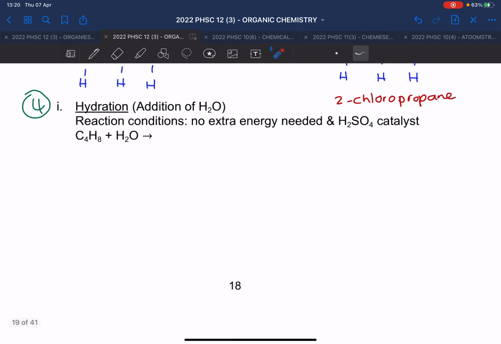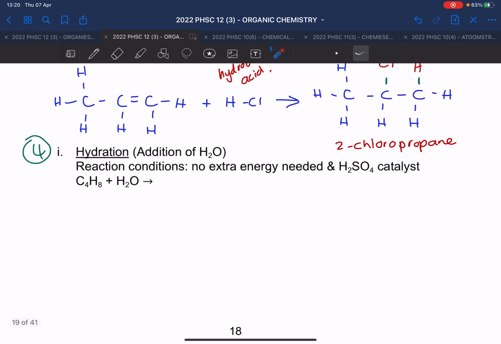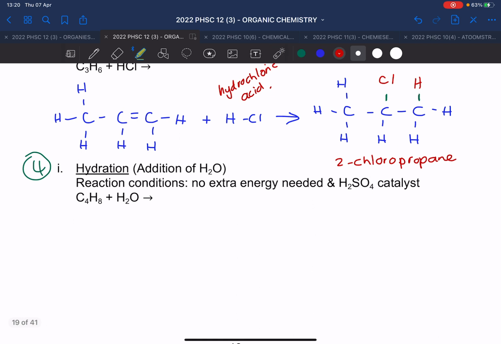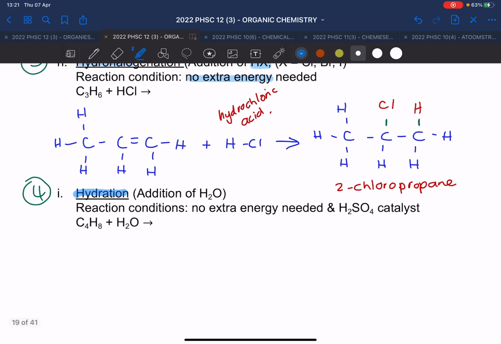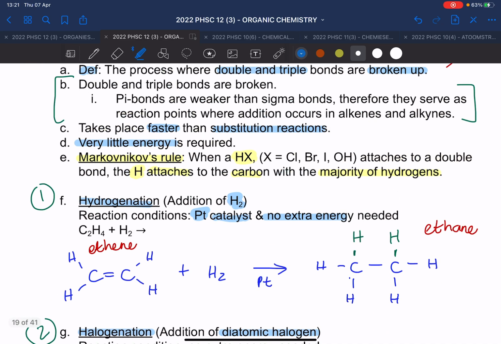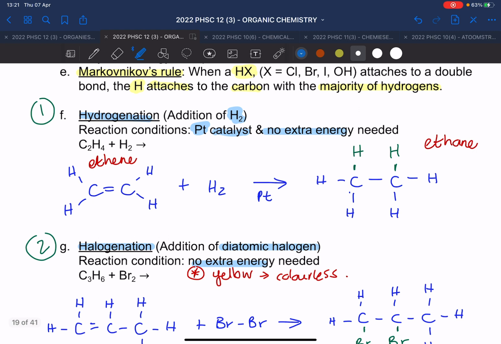Okay, and the next one is hydration. Like the word tells you, when you are dehydrated, you need water. So when you are hydrated, you add water. So hydration is when you add water. Now, I said at the beginning, I don't know if you remember, from now on until the end of the year, if we say hydrogen, you must think platinum must be there.